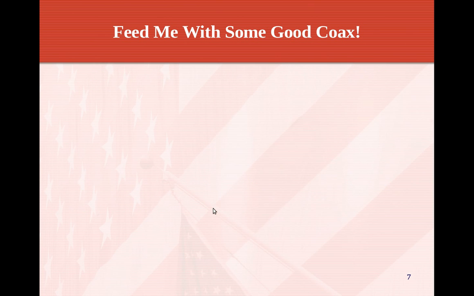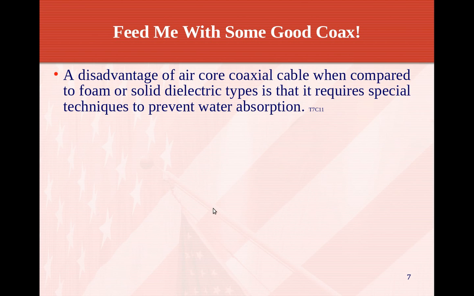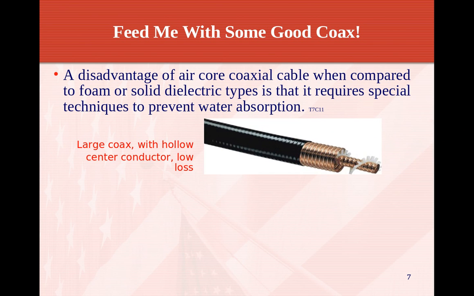The disadvantage of an air core coax cable when compared to a foam or solid dielectric type is that it requires special techniques to prevent water absorption. So this is what you would see on a tower system, and it's all hollow. It's kind of like a copper tube. And the reason it's a copper tube is something called skin effect.